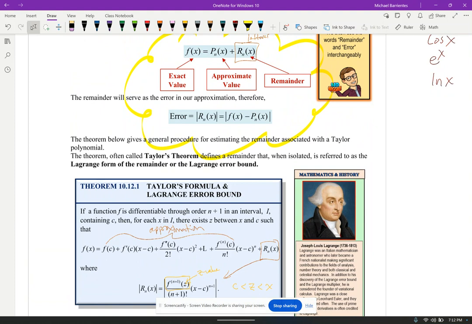And because it's hard to find the leftover, we're approximating the leftover and saying this remainder cannot be bigger than a certain number. The reason we're looking for that is because if you were to add it to the approximate value, then that would give you the exact value. Or, said another way, what we're really finding is the error in my approximation in finding the exact value.